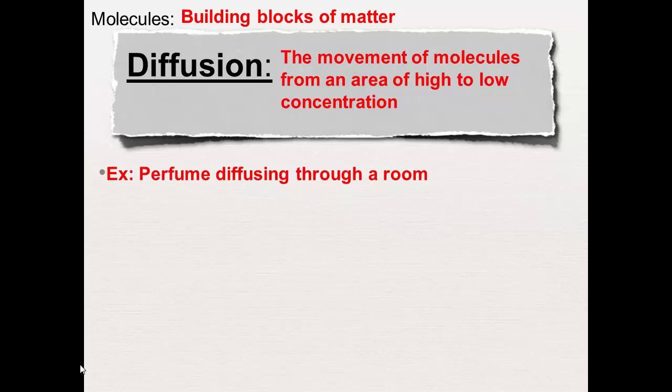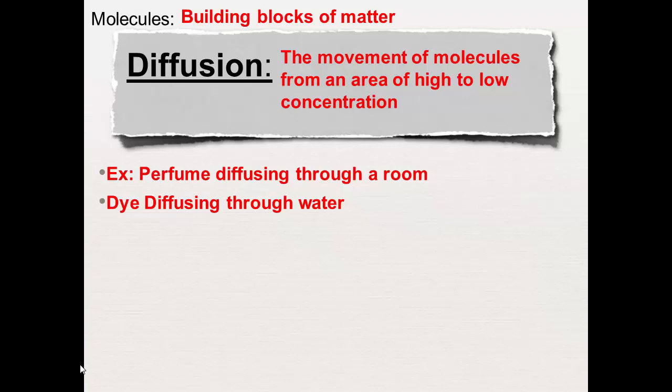Yeah, when he sprays the perfume over there, the perfume molecules are all in a little cluster. They're in a concentrated area. And they just tend to generally move apart. And they're spread out all across the room, and that's why I can smell it when I come in the room. That's an example. If I put a drop of food coloring in this water, the drop of food coloring is a high concentration of these molecules.